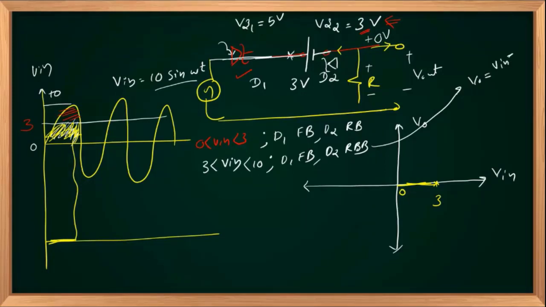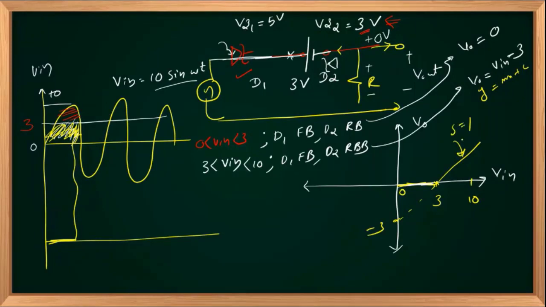Here V out was equal to 0. So if V in is greater than 3 and less than 10, V out equals V in minus 3, y equals mx plus c. So y intercept is at minus 3, slope is 1, so the curve will be like this. Clear? Okay.